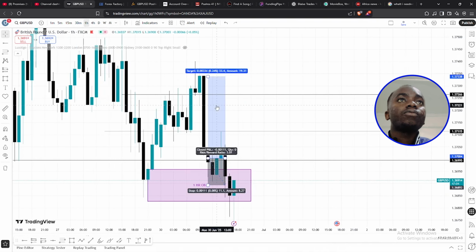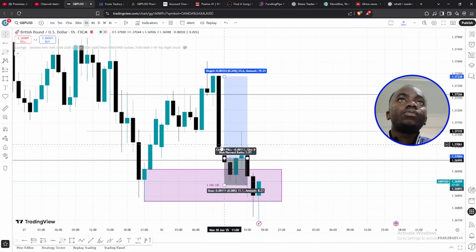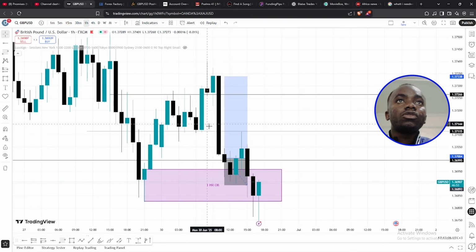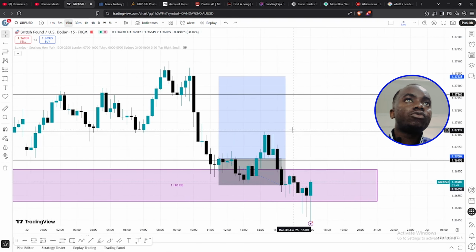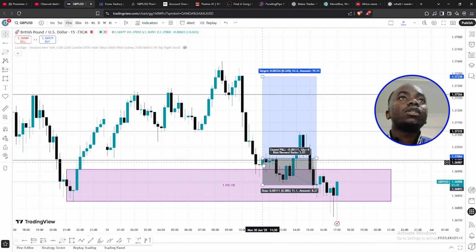So I drew my 1 hour order block. I waited for price to tap into it, and it tapped into it nicely. Gave rejections, and immediately it came up towards my entry point. I triggered the buy button, and I was already in.